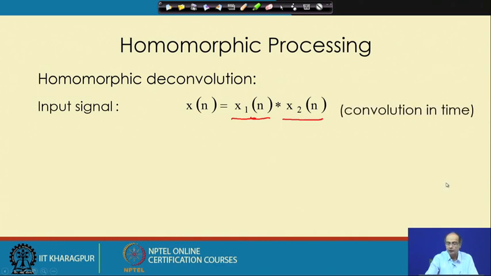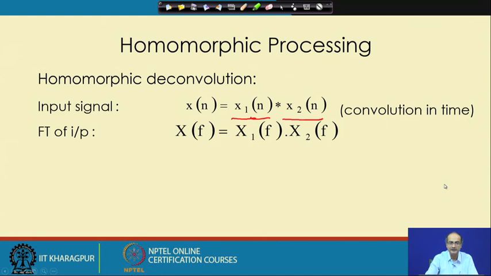For this convolution in time, what we can do is think of taking them to the frequency domain. In the frequency domain, we know the signals which are related by convolution in the time domain become the product of each other.